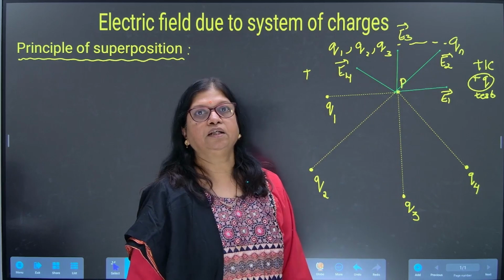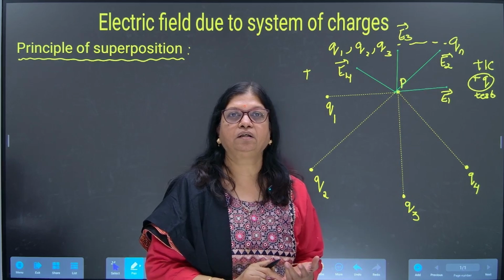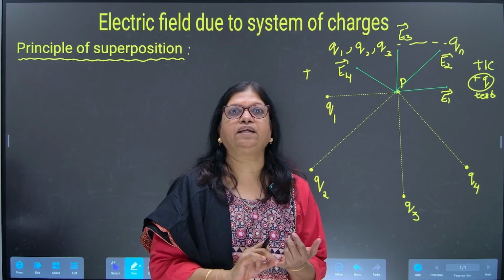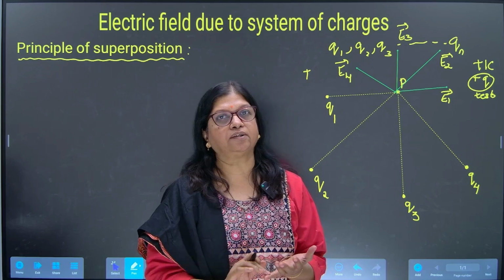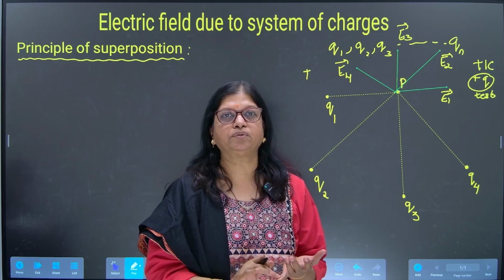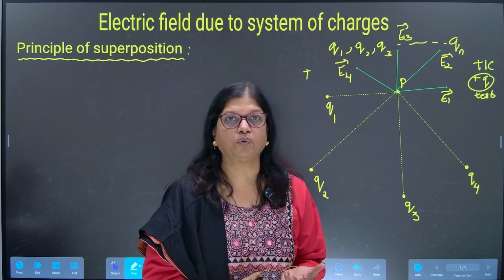Right? So we have 4 electric fields at the point P due to the charges Q1, Q2, Q3, Q4.